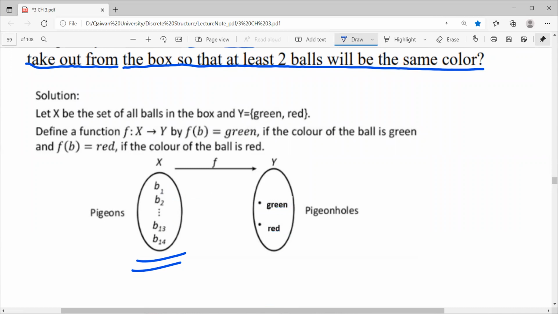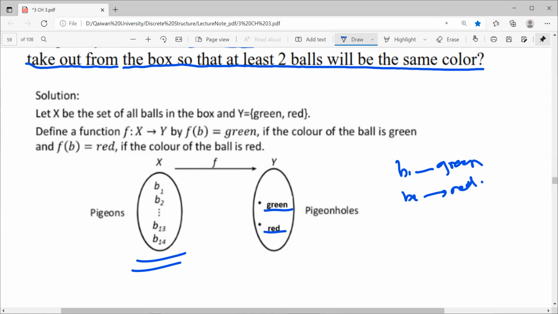Look, our range is either green or red. That means the ball that we are going to take is either green or red. If we take one ball, it's either green or red. If we take the second one, it's also either green or red. Let's say the first ball is green and the second ball is red. How about the third ball?